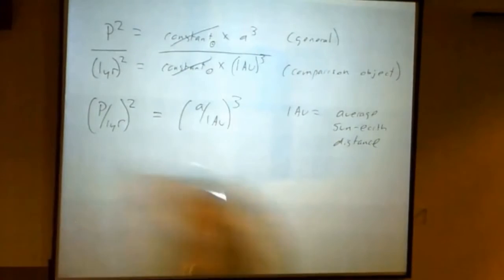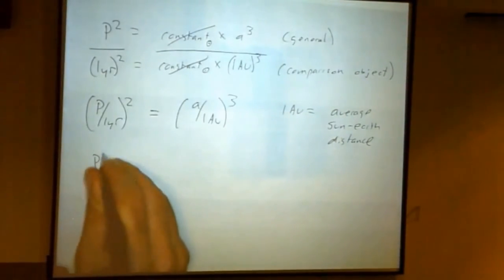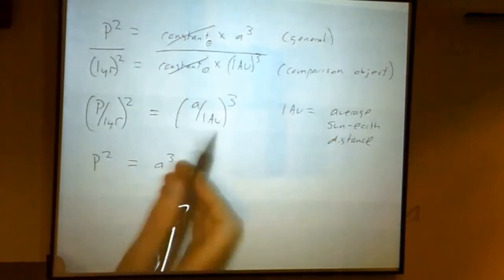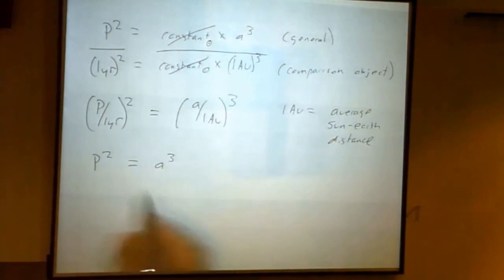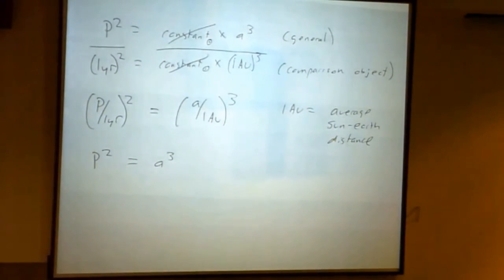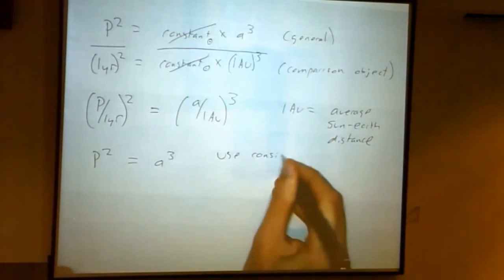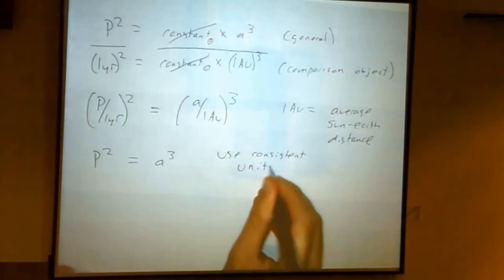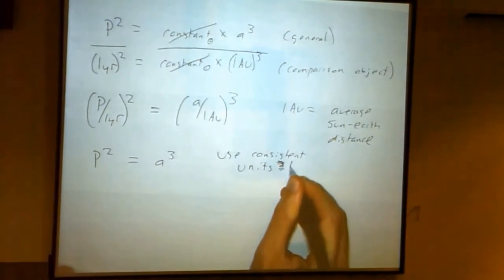Let me write down a couple shorthand ways to remember this. You could write p squared equals a cubed without writing these units here. This is kind of the shorthand way of writing it. You just have to remember to use consistent units. Use consistent units!